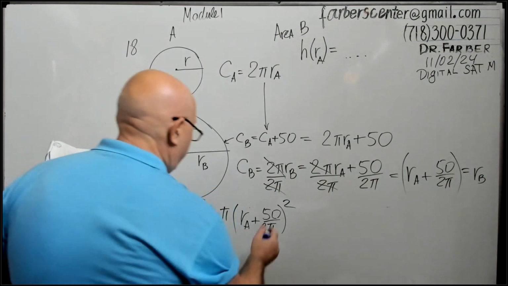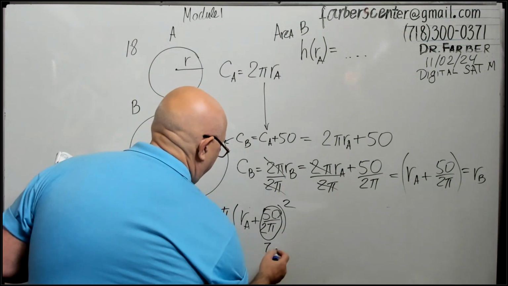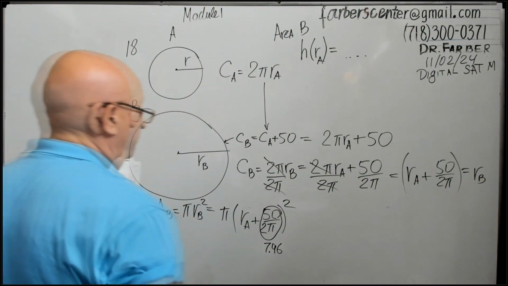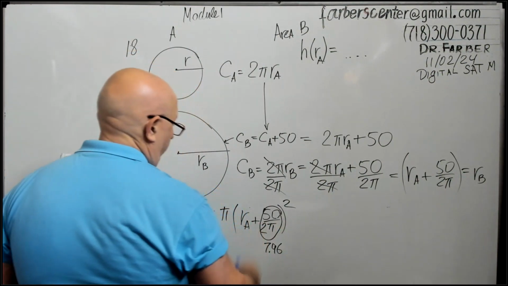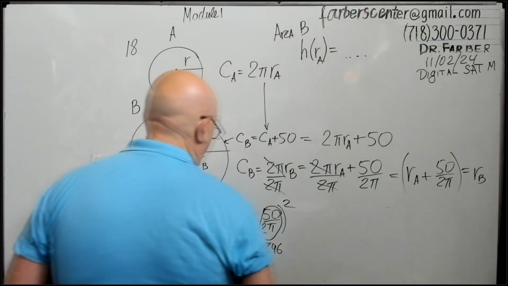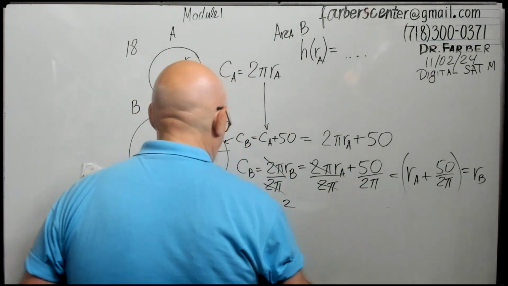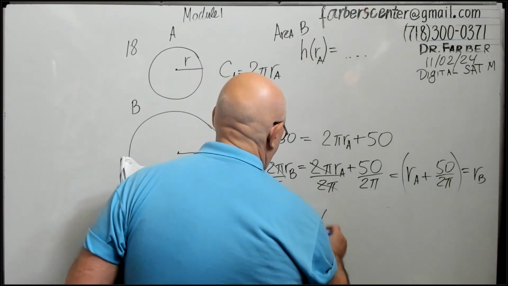After division, I get 7.96. You can use a calculator. You can also make an estimation: 50 divided by 6 is about 8, since 6 times 8 is 48. This would be the answer, and this equals H of RA.